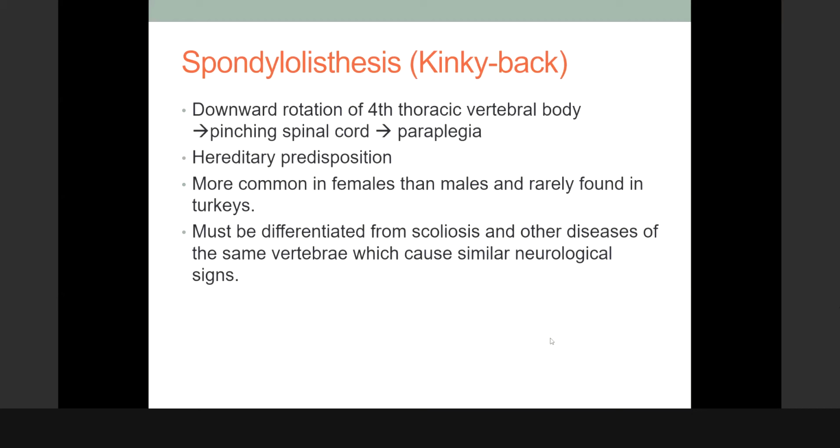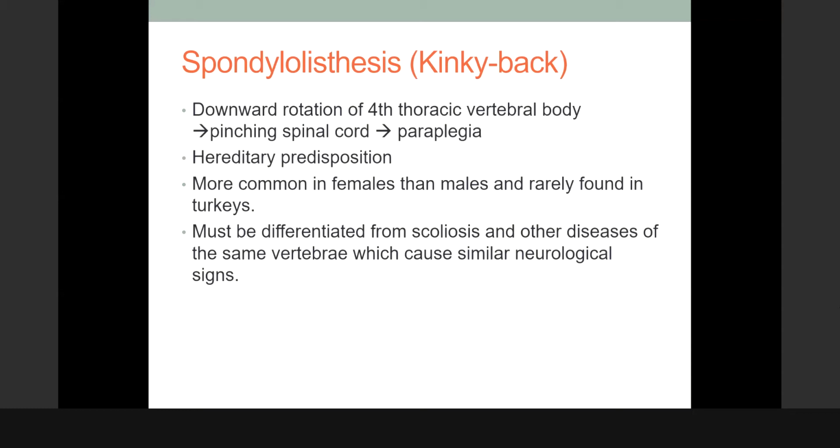Even in humans, we also have spondylolisthesis, kinky backs, and scoliosis. The difference is that spondylolisthesis is a downward rotation, while scoliosis is to the side.